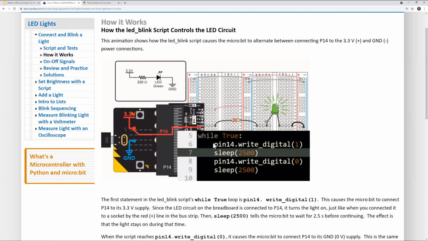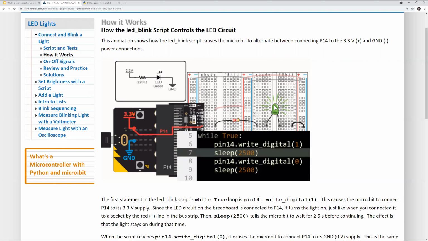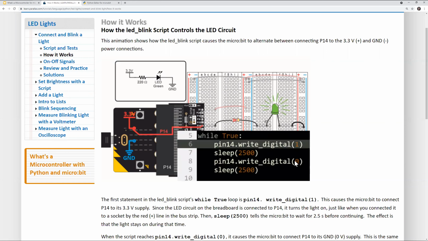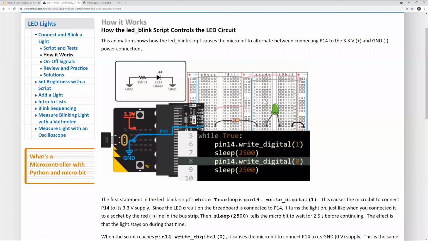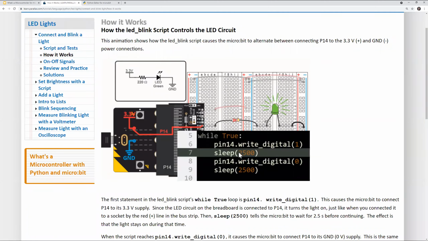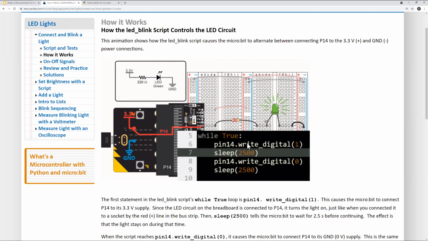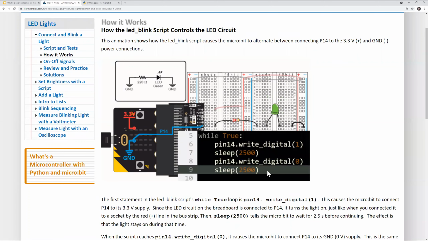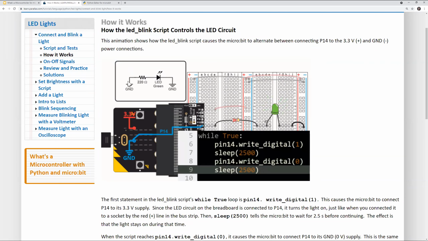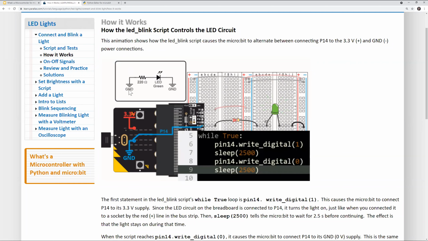And so this is showing how pin 14 write digital 1 will turn the light on. Sleep 2500 waits there for a while. Pin 14 write digital 0 turns the light off, and then it waits at the sleep following below it for a while. All of this is indented from while true, so it all happens inside that loop. Additionally, it shows that when the light goes off, for example, the 220 ohm resistor gets connected to ground.